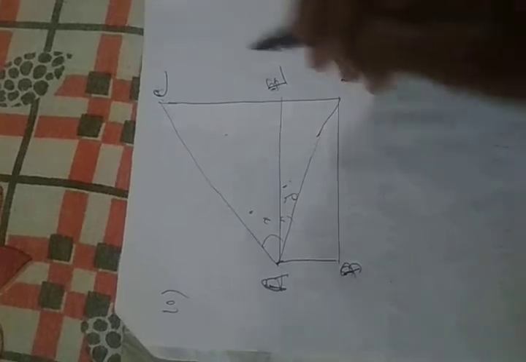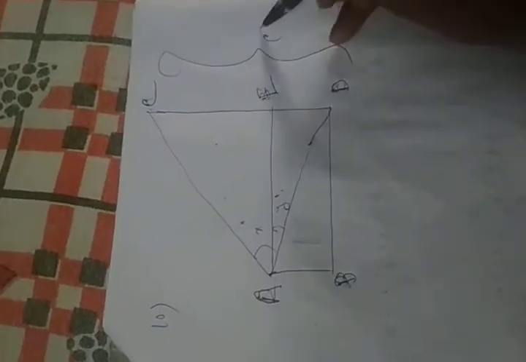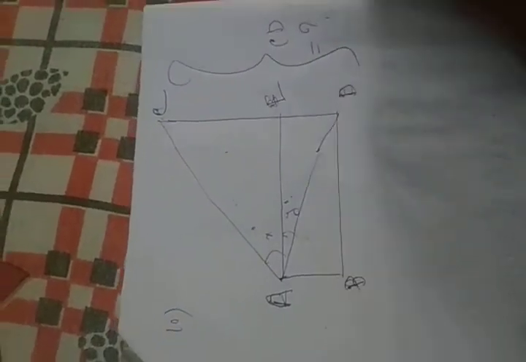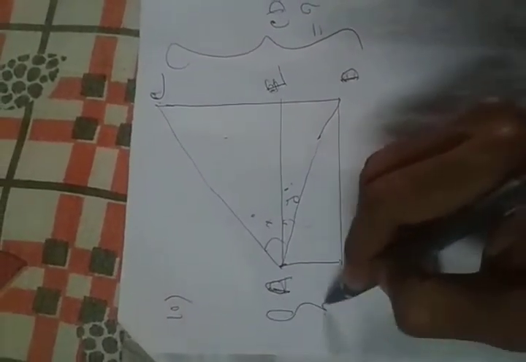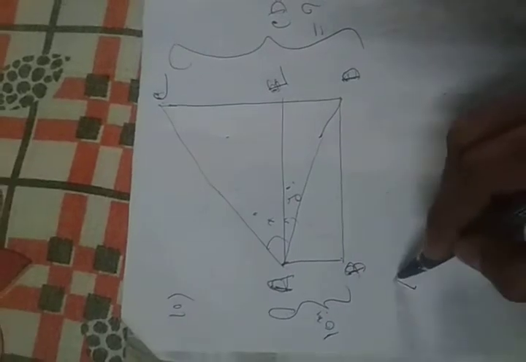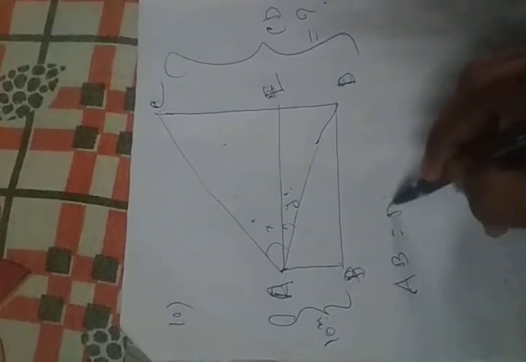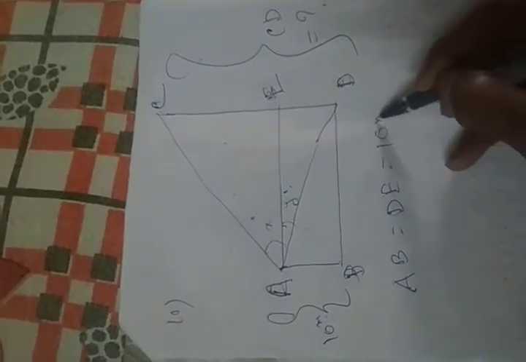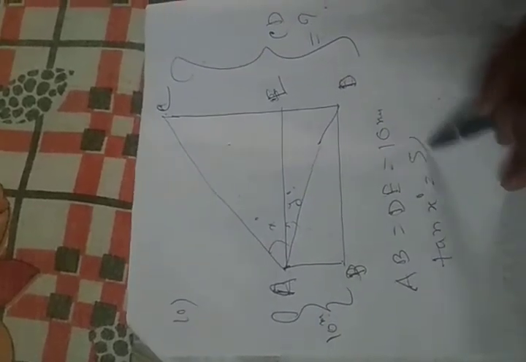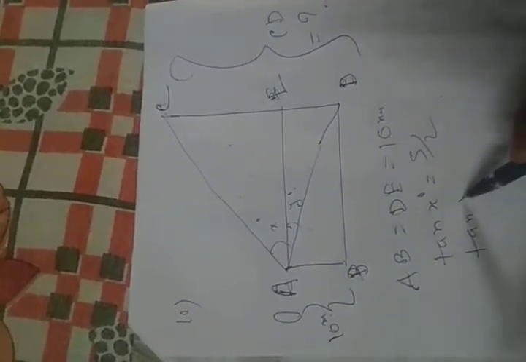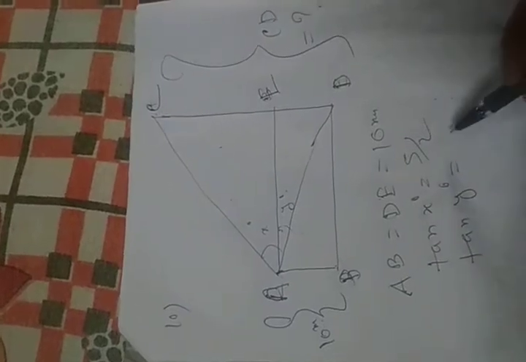Now you have to find the length of CD, the length of the tower. It is said the distance between the window and the ground is 10 meters. That means AB or DE equals 10 meters. Also it is given tan x degrees equals 5 by 2 and tan y degrees equals 1 by 4.